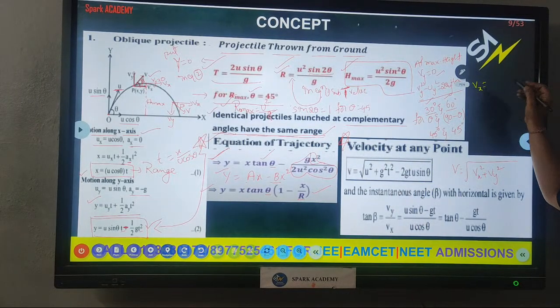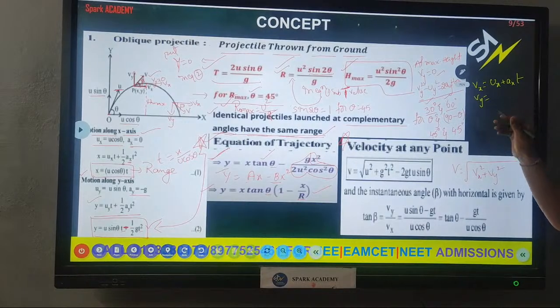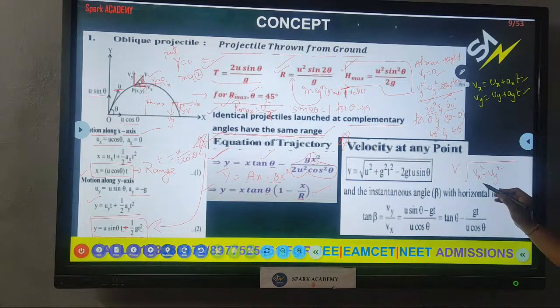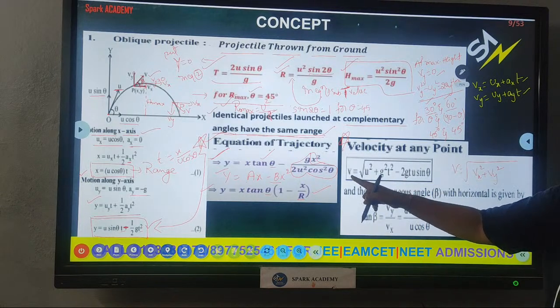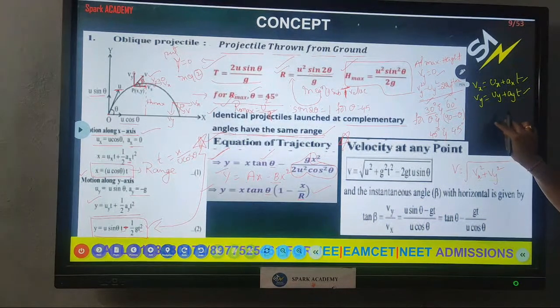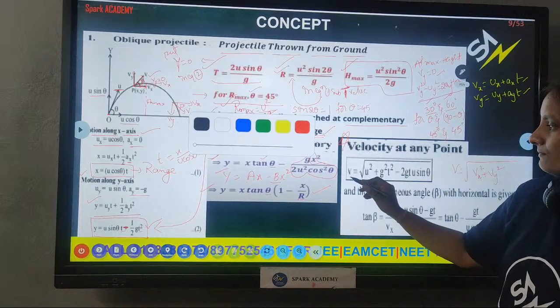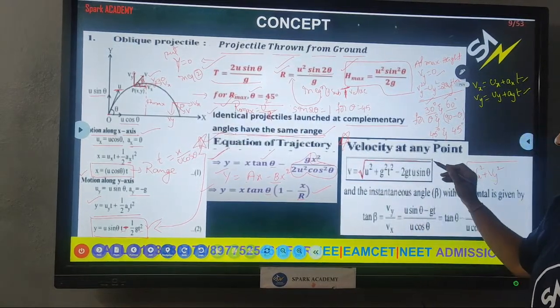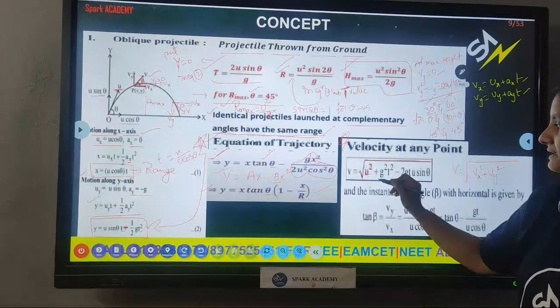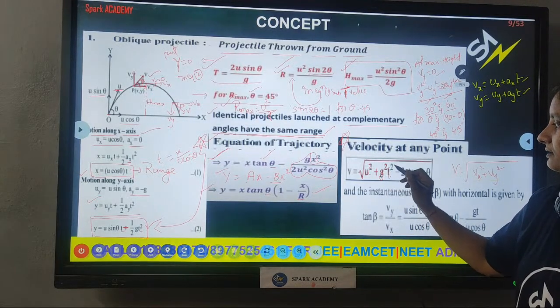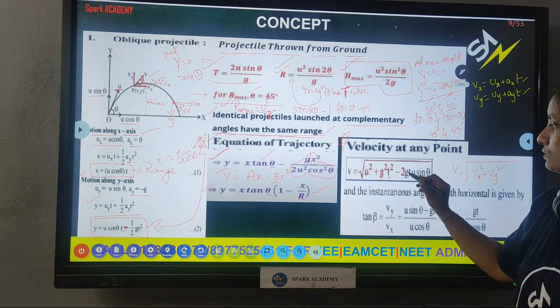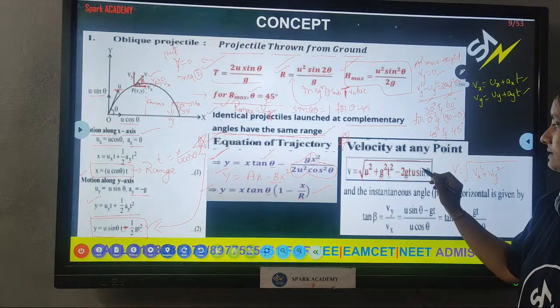Let me say here vx is equal to ux plus ax into t, and vy is equal to uy plus ay into t, meaning velocity after some time. By using these equations, we can substitute the vx square component and vy square component. Then the resultant v is equal to under root of u square plus g square t square minus 2 g t u sin theta.